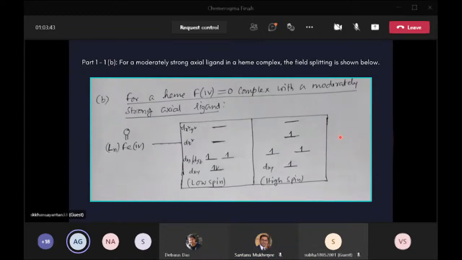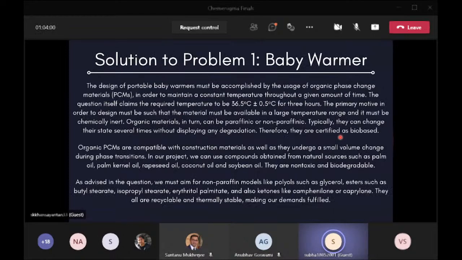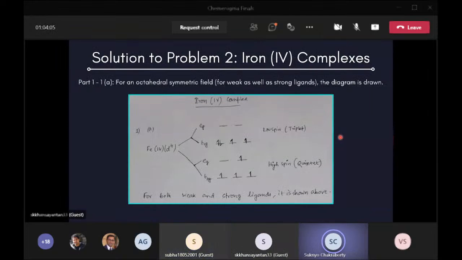I wanted to ask one thing over here. Can you clarify in the previous slide which diagram is for which kind of ligand? Yeah, sure. Shantanu, please, the previous slide. Is this slide? No, the next one. Okay. For the weak field ligand, the T2G level remains completely filled, and the electron is not excited to the EG level, and we get a low spin state in case of the weak ligand.